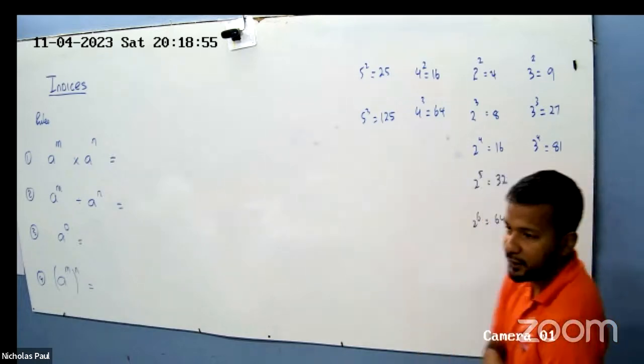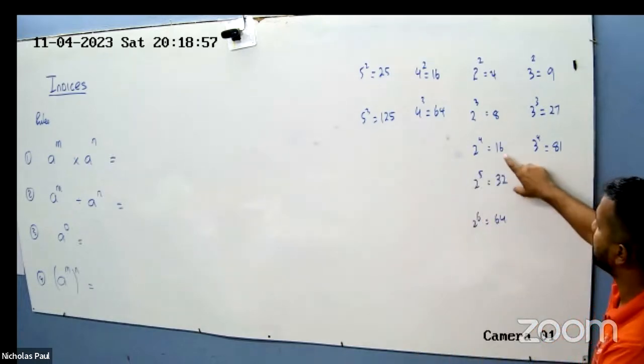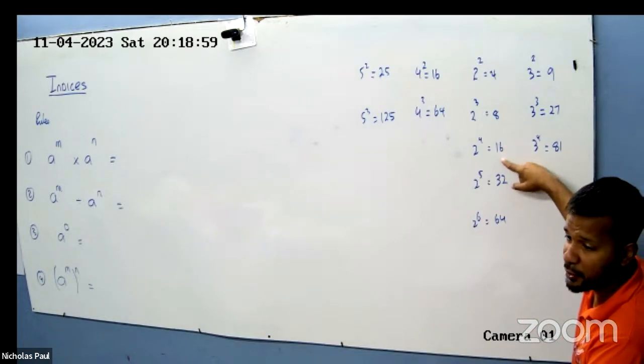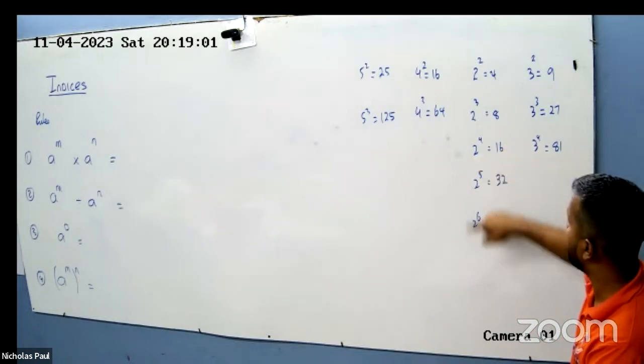The reason you have to know these is that sometimes you will see 16 and you have to know what the value is in the base 2.